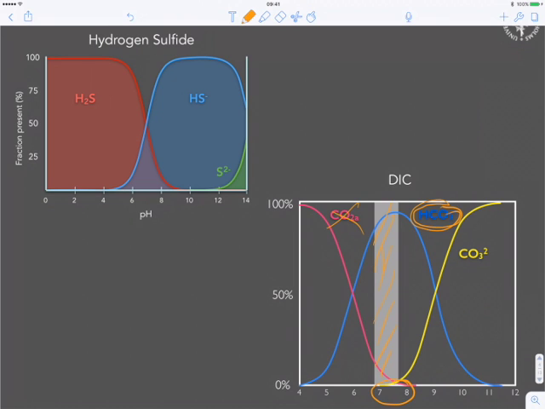The same way for sulfide. Hydrogen sulfide is a gas that is a weak acid that will dissociate as a function of the pH, the same way as the carbonic acid. And at pH around 8, you mainly have the HS minus in solution, not the H2S.